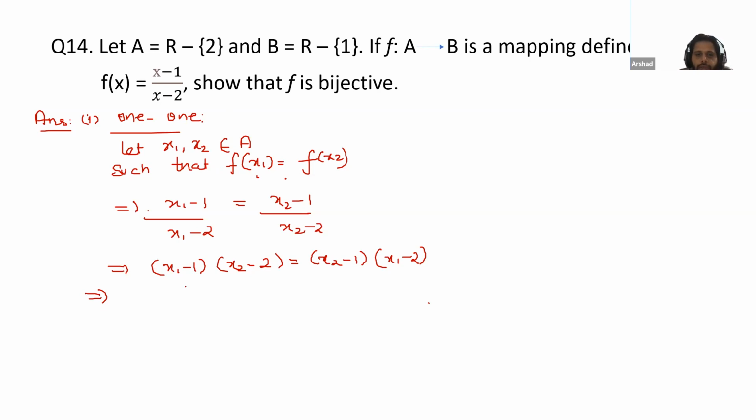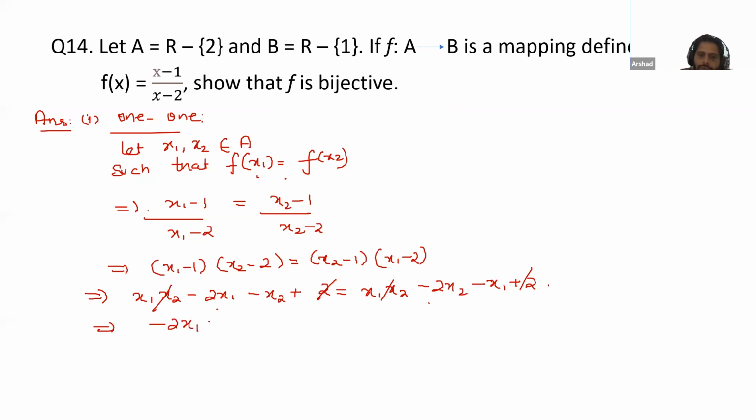Relational functions. Now please open this bracket. This is x1x2 minus 2x1 minus x2 plus 2. Open this bracket, x1x2 minus 2x2 minus x1 plus 2. Cancel out this, cancel out 2. Now this is minus 2x1. Shift this x1 to the left side, so you will get minus 2x1 plus x1 is equal to minus 2x2 plus x2.